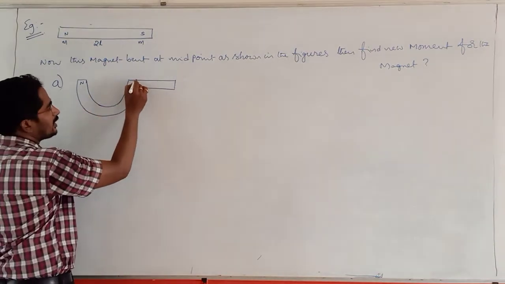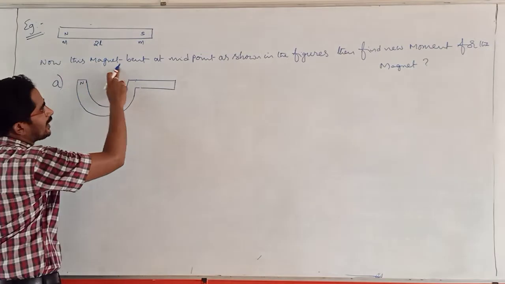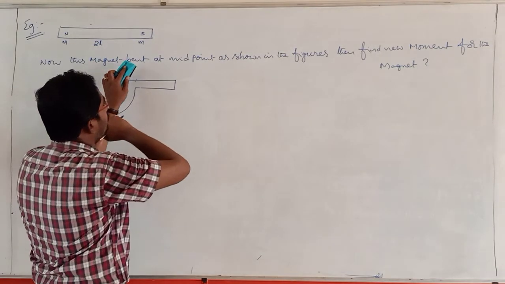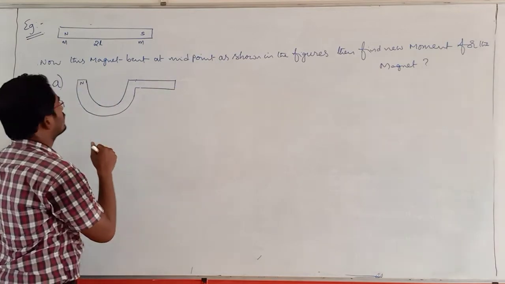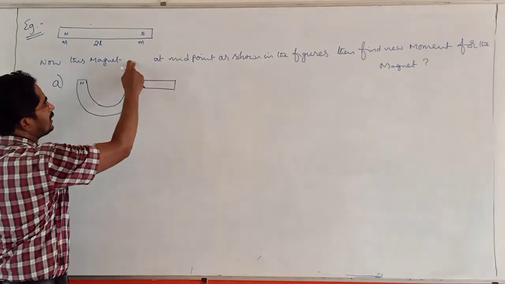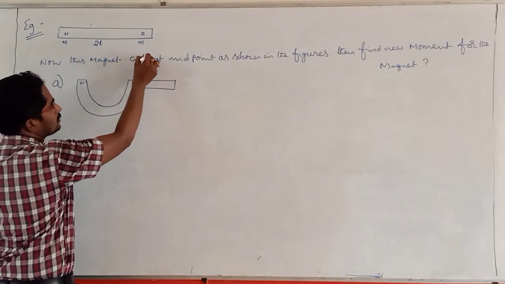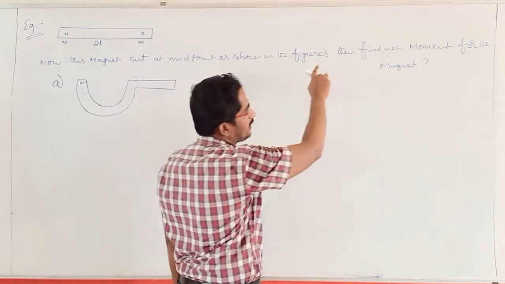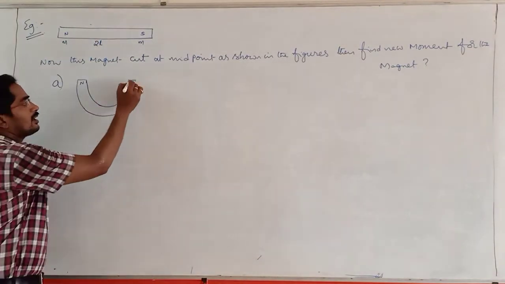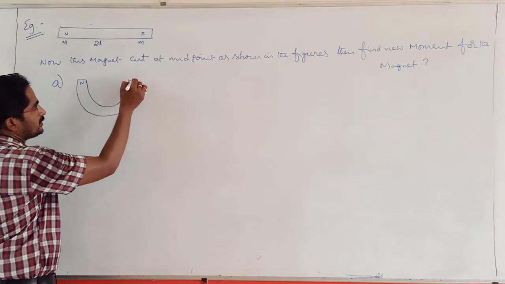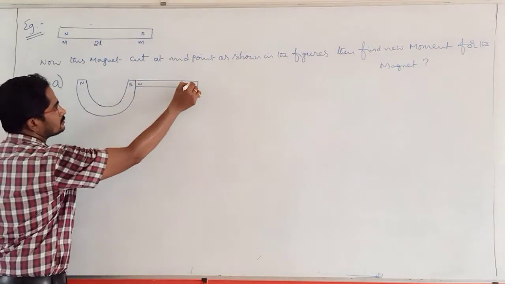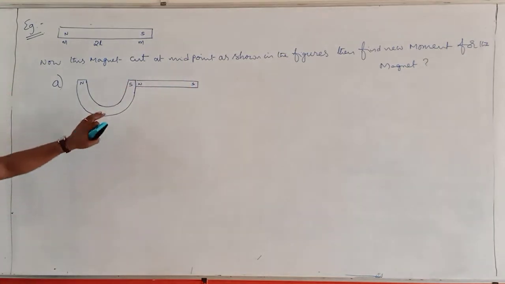Like this, whenever they are arranged, actually now this magnet is cut at the midpoint as shown in the figure. For this one, actually it is not bent, the magnet is cut. At the midpoint as shown in the figure, it was cut like this into two pieces. We are getting two pieces. The two pieces were arranged like this. What is the new moment?